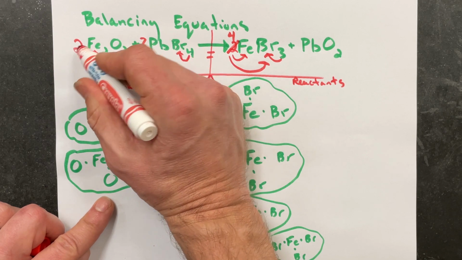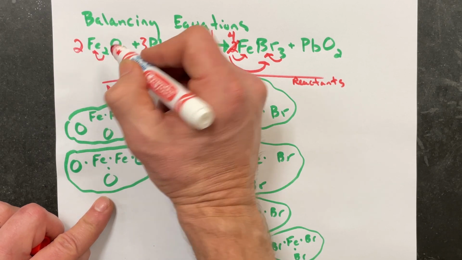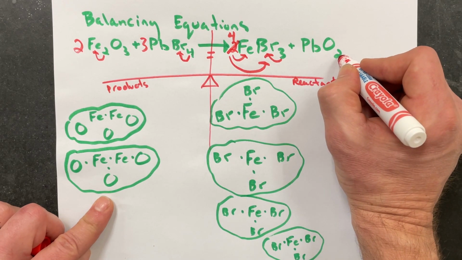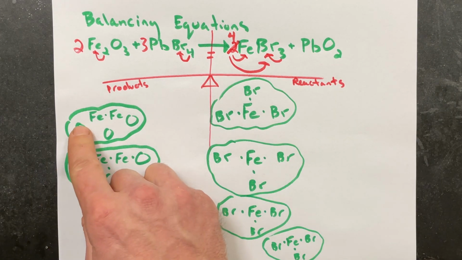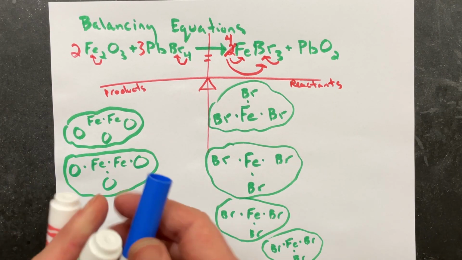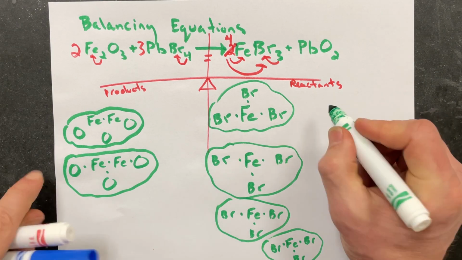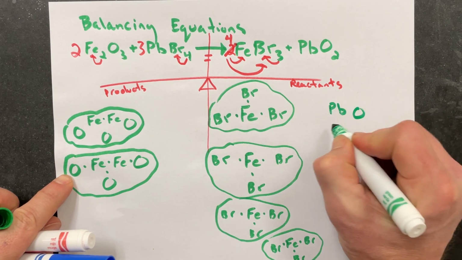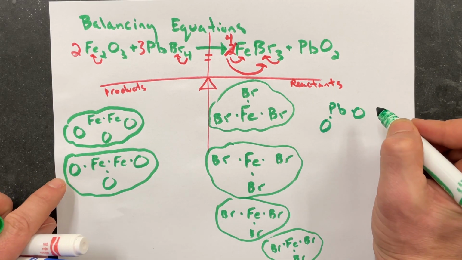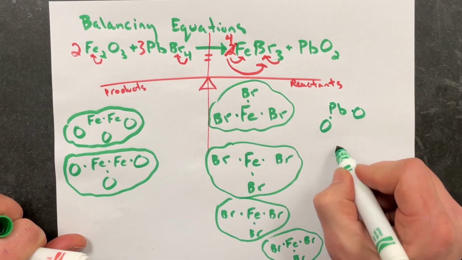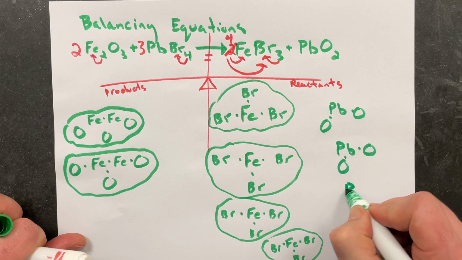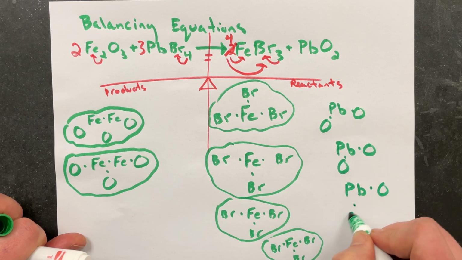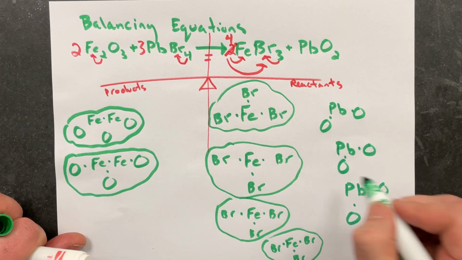3 oxygens 2 times, which is 6. So again, we had 6 oxygens right here. And on this side, I have Pb and 2 oxygens. And in order to get 6 oxygens, I'm going to need this Pb with the oxygens stuck to it. 1, 2, 3, 4, 5, 6.